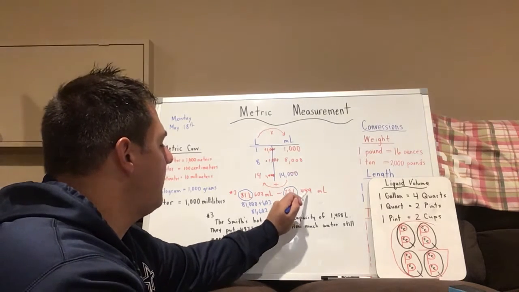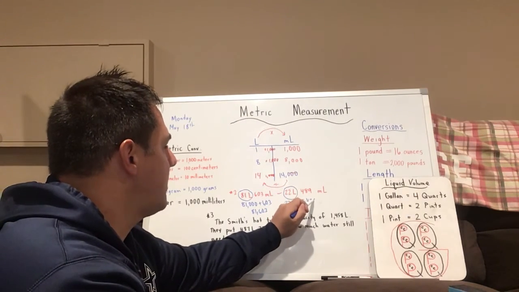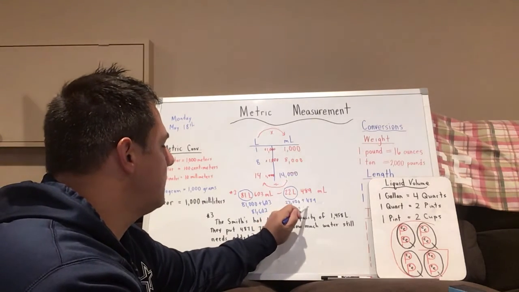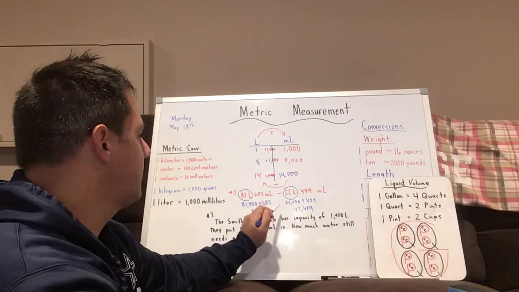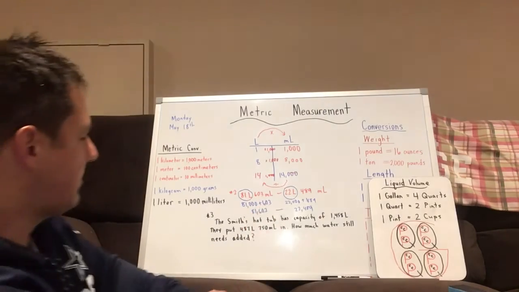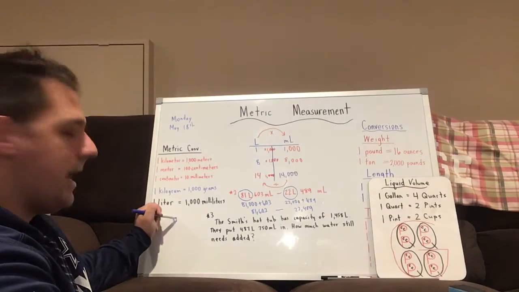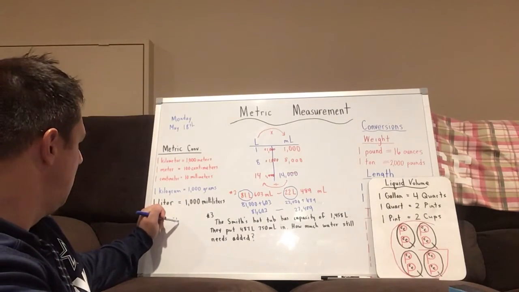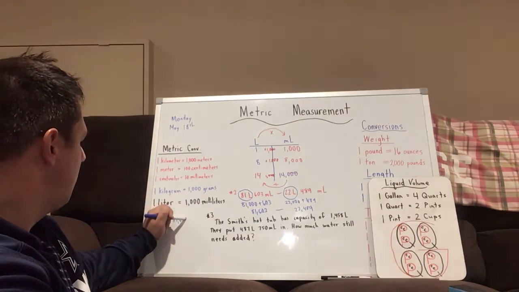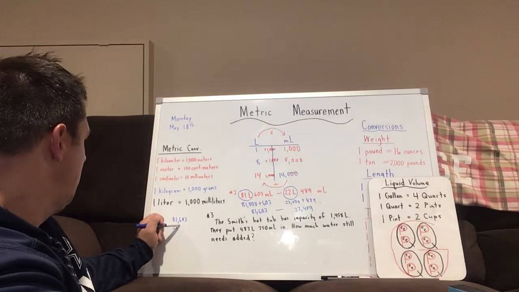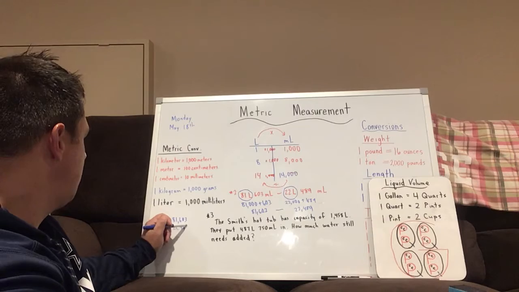And I'm going to add the 489 milliliters that are already there, and that's going to be 22,489 milliliters. Now, we're just going to subtract them. So I'm going to do my work over here: 81,603 minus 22,489.